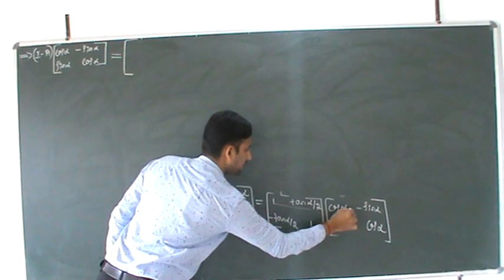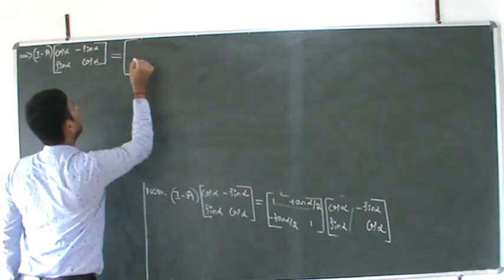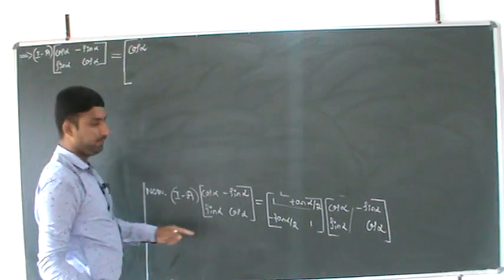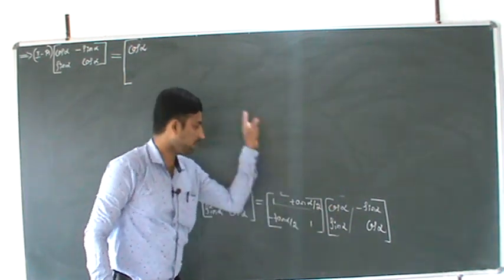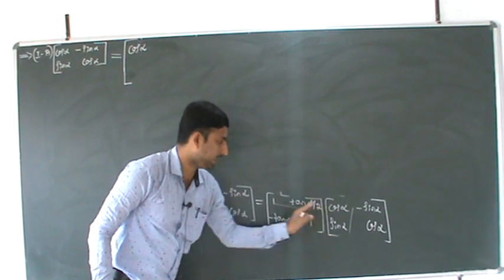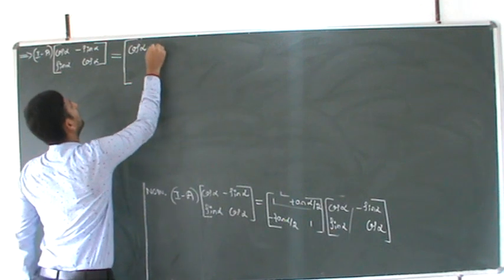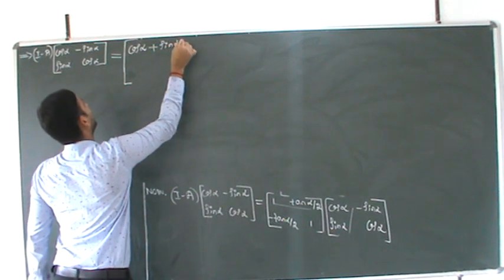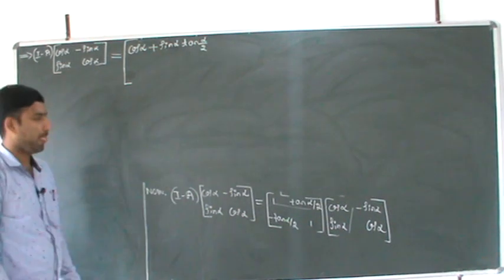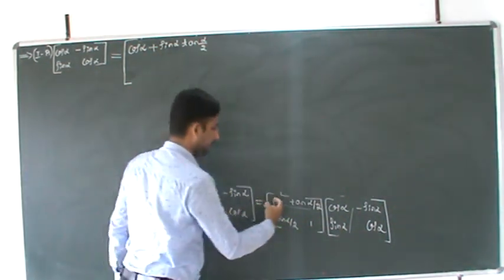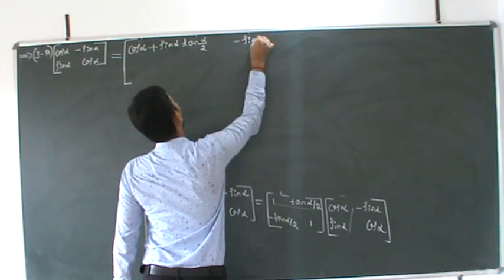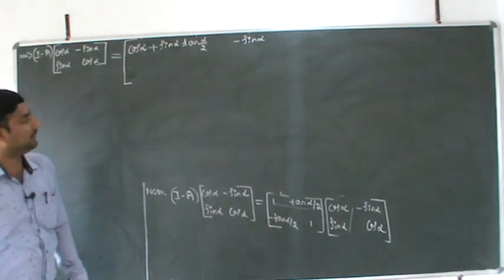First row, first column: 1 into cos alpha, that is cos alpha, plus tan alpha by 2 into sin alpha, you write it as sin alpha into tan alpha by 2. After that, 1 into minus sin alpha, you write it as minus sin alpha.